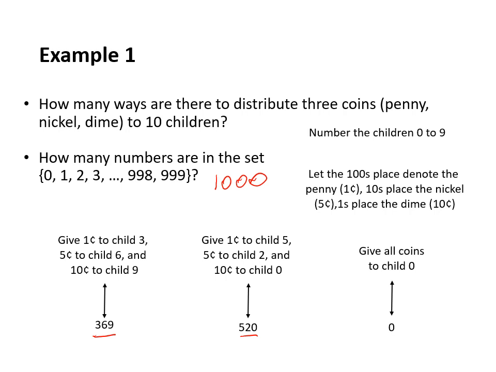So number 0 is basically 0, 0, 0, and it means that we are giving all coins to child 0. Number 1 is 0, 0, 1, so we are giving the first 2 coins to child 0 and the last one to child 1, and so on. And so this again illustrates the equivalence between the first problem and the second one, where the second one is much easier to count.